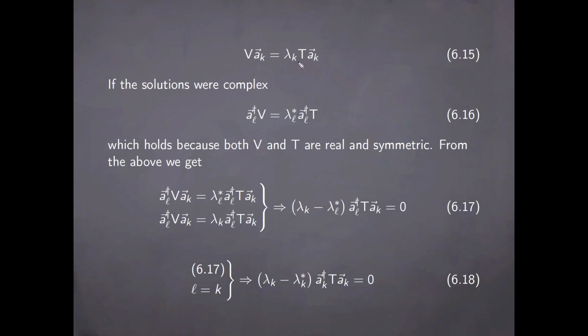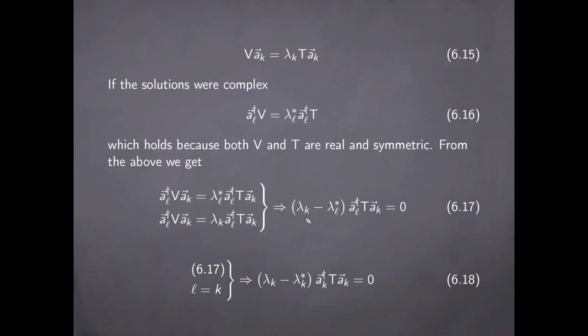And from these two expressions we immediately obtain the following results. So this one we can multiply with the Hermitian conjugate of the vector l from the left, and this one we can multiply to the right with the eigenvector of index k. And then if we just subtract them, we obtain the equality here.